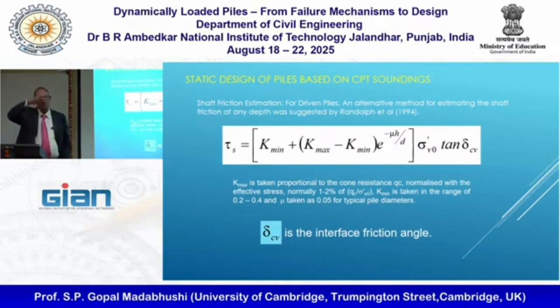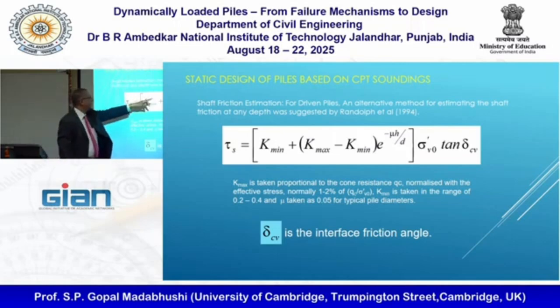A log function decays quite slowly, an exponential function decays much faster. So based on his experience, he said, as I move away from the face of the pile, my cavity expansion pressure or the stress will decay much faster than the logarithmic function will give you. That's all the difference. It's just maths.